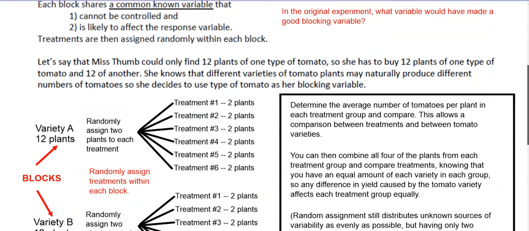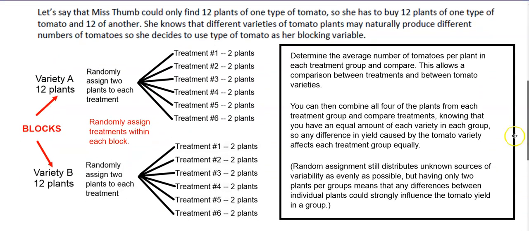So here's another example. Let's say Miss Thumb could only find 12 plants of one type of tomato, so she has to buy 12 plants of one type and 12 of another. She knows that different varieties of tomato plants may naturally produce different numbers of tomatoes, so she decides to use type of tomato as her blocking variable.